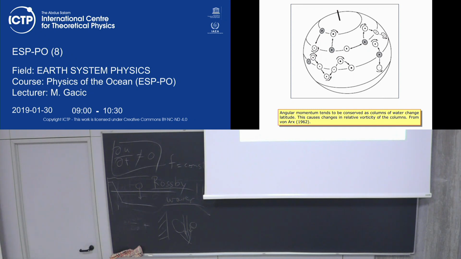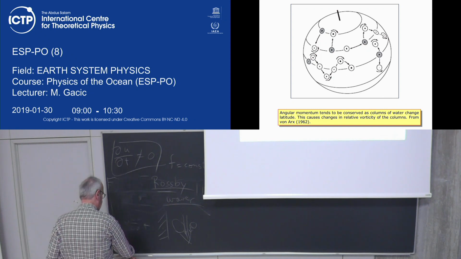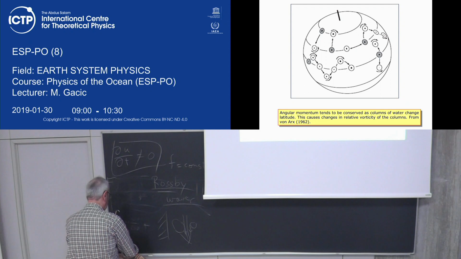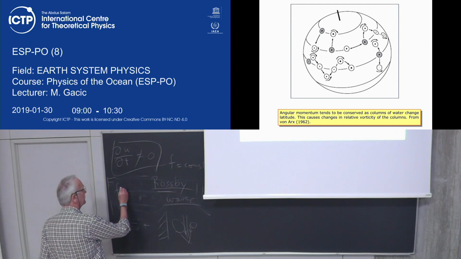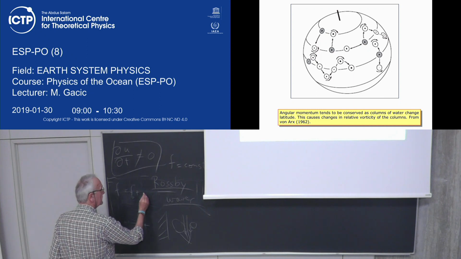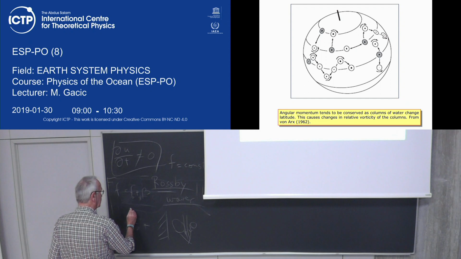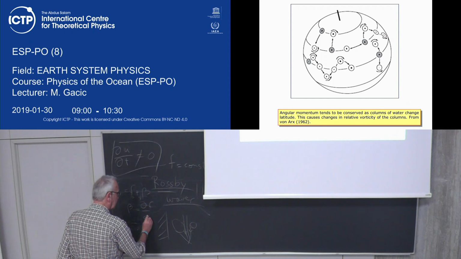So we introduce a Taylor expansion, practically F is equal to F0 plus beta y, where beta is equal to dF/dy.